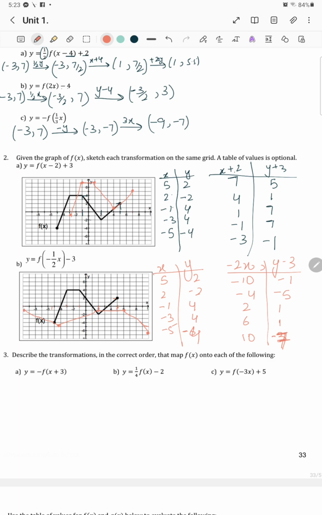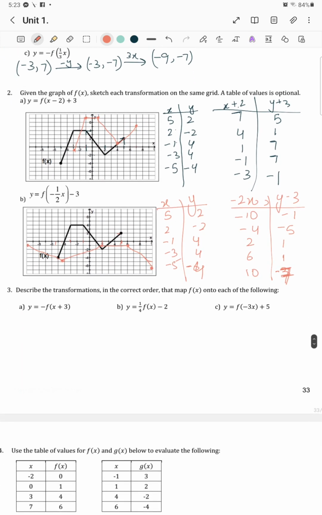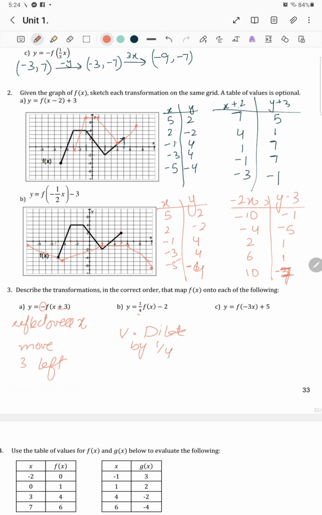Describe the transformations that correctly map f of x onto each of the following. So minus means here reflect over x, plus 3 means move 3 left. 1 by 4 means dilate vertically, dilate by 1 by 4 and down 2.